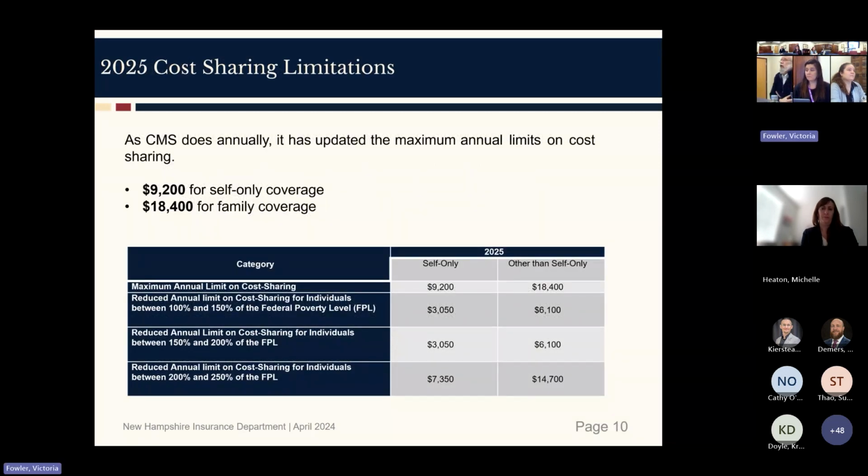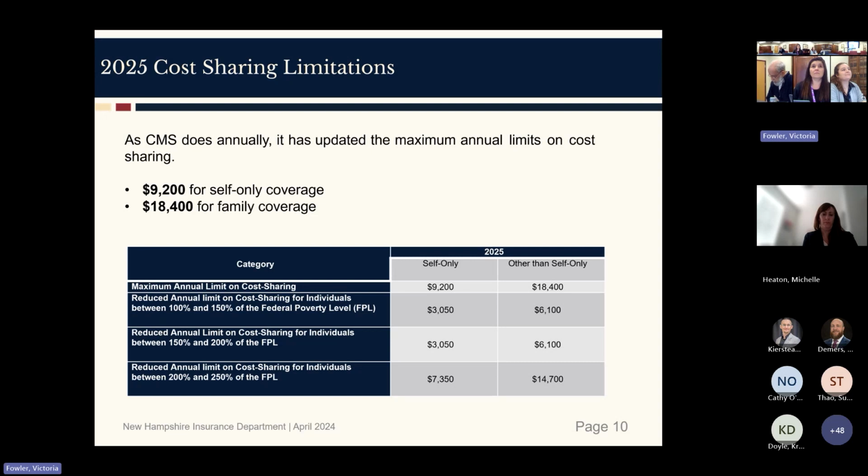This next slide shows the cost sharing limitations for plan year 2025. And if anybody has been in this for a while like I have, this is the first year that I recall that the maximum out-of-pocket limits have been reduced. This year, it's $9,200 for the individual and $18,400 for the family.